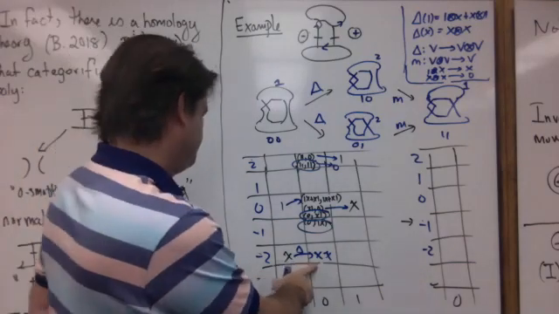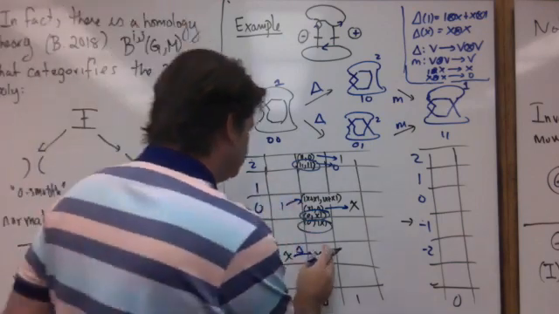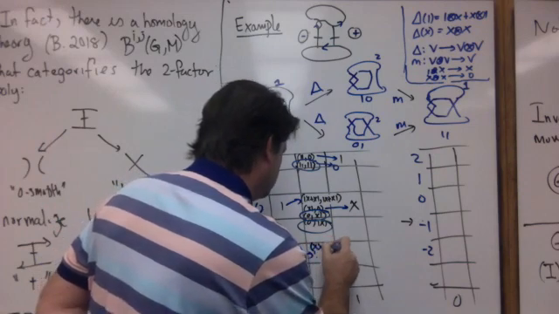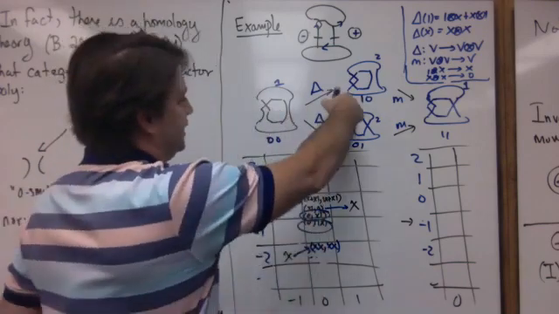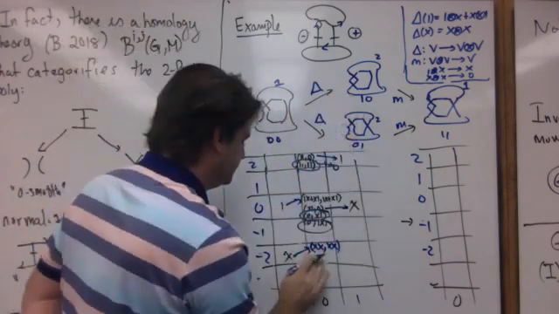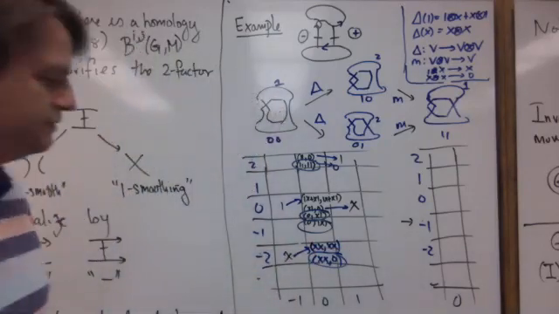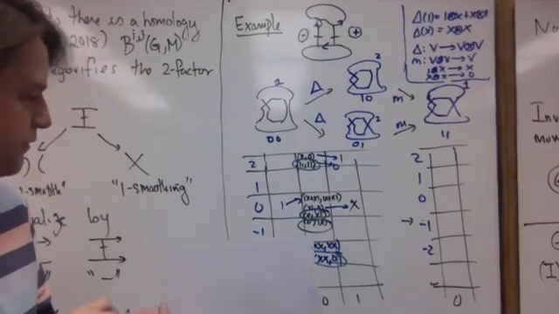And then this map has got to go to x tensor x and x tensor x. And there's one extra generator left over.